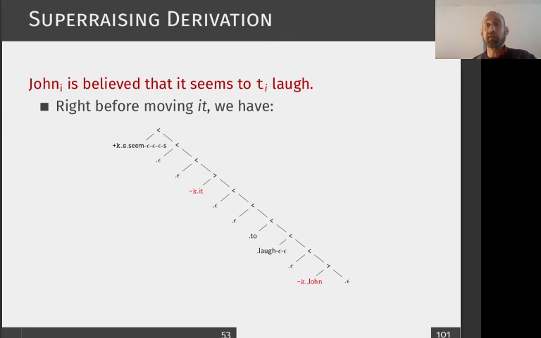So those guys are competing to see who is actually going to be able to move to the plus k position of seems. Aha. This is a configuration that, if we could stop it from happening, we could block this derivation of an ungrammatical sentence.